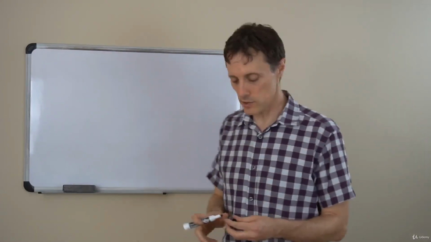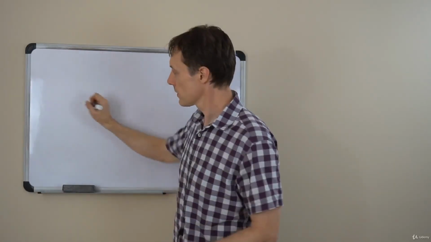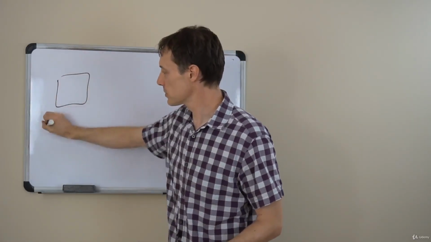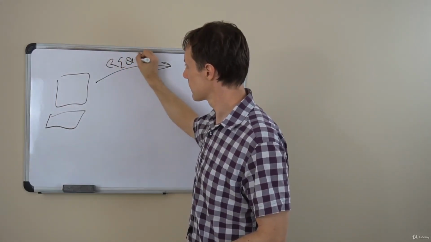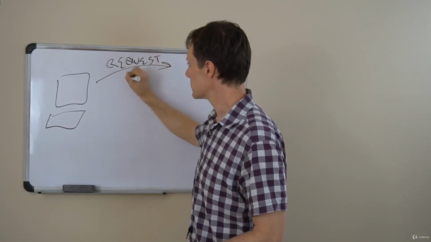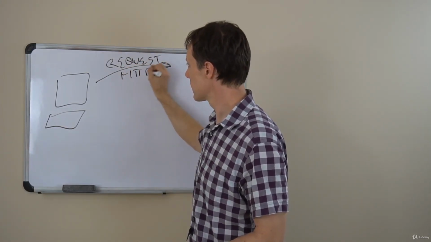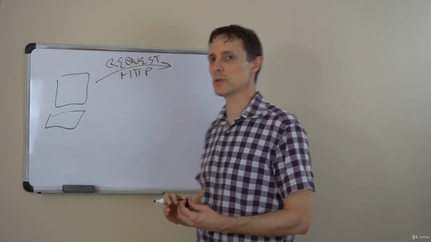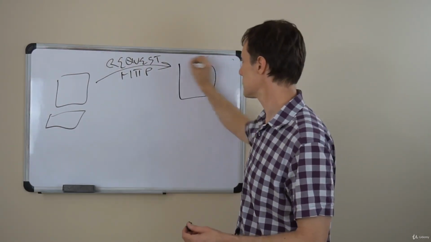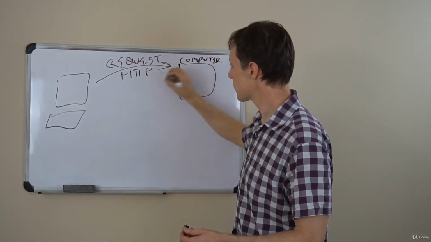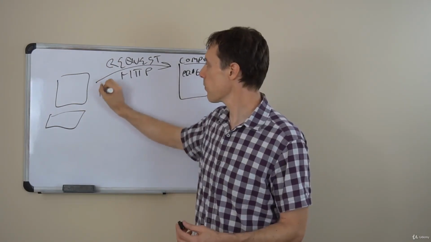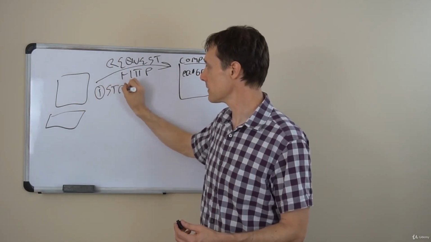First, let's get into the request part of it. Like when we do, this is a computer, and we're sending over a request using HTTP. What parts are in the HTTP? Sent to a computer somewhere, computer program. What parts? What do we need to include? One is what's called the start line.